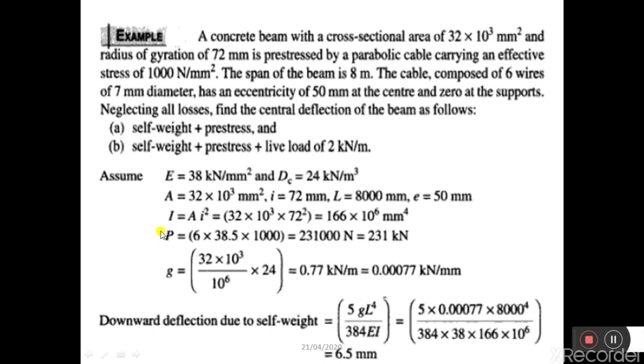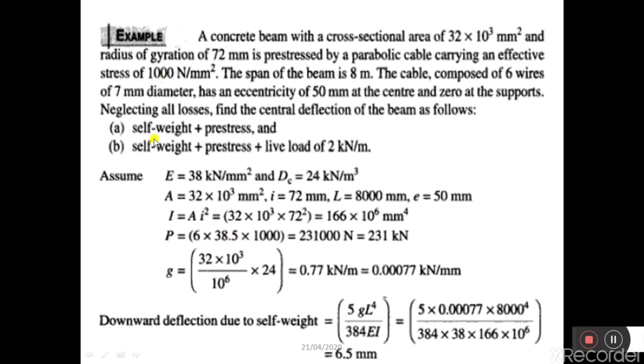And pre-stressing force P is required. In a given question, they have given number of cables used and what is the initial pre-stress induced in the cable. So using this we can calculate the pre-stressing force. So 6 into 38.5 into 1000. So 6 is wires, 38.5 is the area of each wire, into 1000, 1000 is the initial stress which applied to the cable.